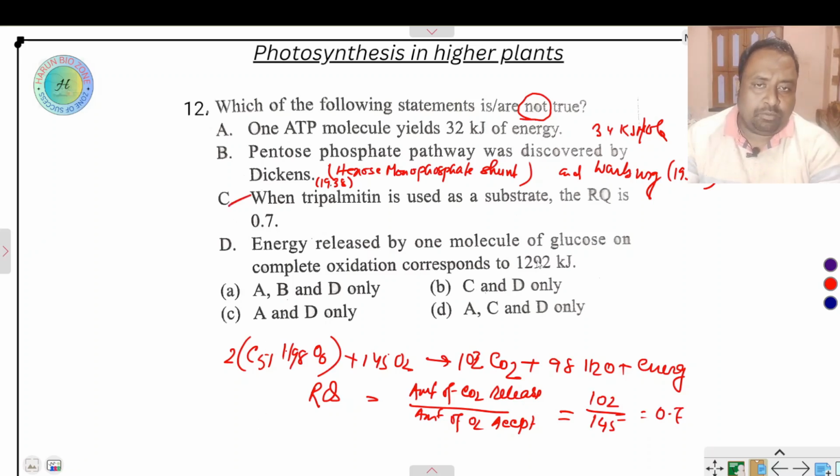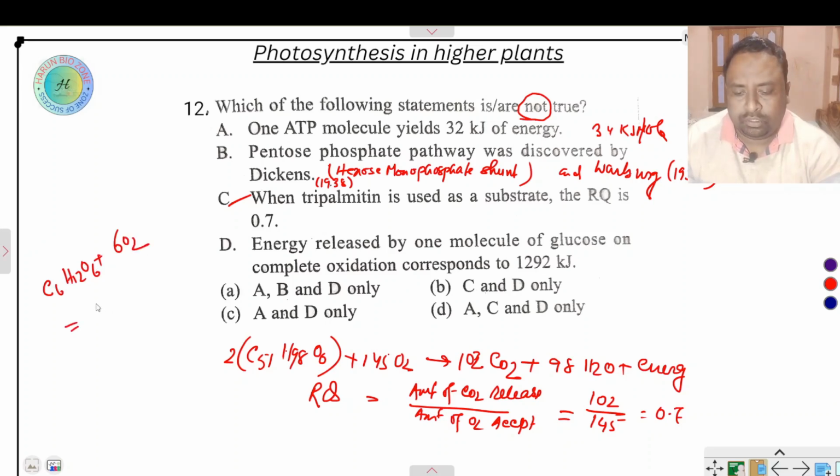Energy released by one molecule of glucose on complete oxidation corresponds to 1292 kilojoule, not 1292 kilojoule, because if you see C6H12O6 complete oxidation in the presence of 6O2 produces 6CO2 plus 6H2O plus 686 kilocalorie of energy.